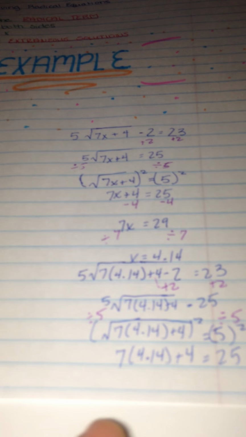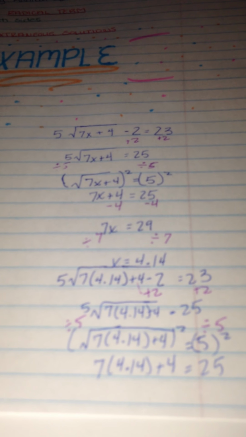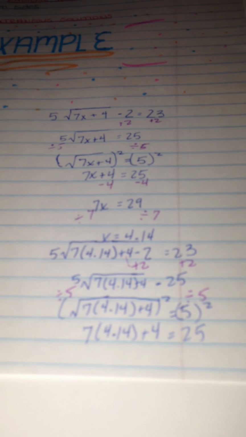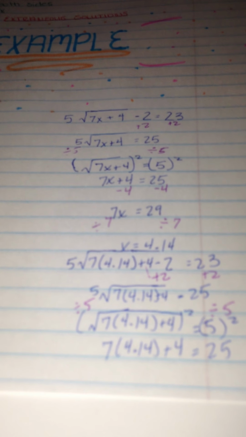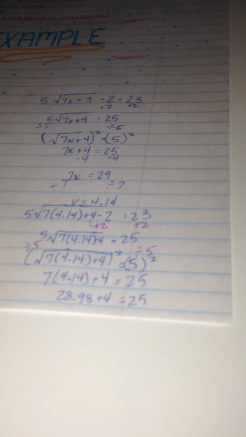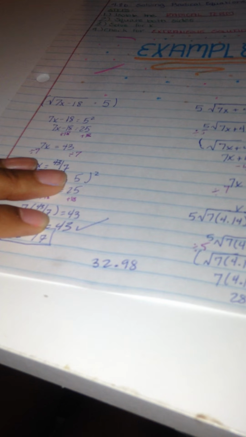Now I'm going to multiply my 7 by my 4.14, and I'm going to get 28.98. 28.98 plus 4 actually equals 32.98.